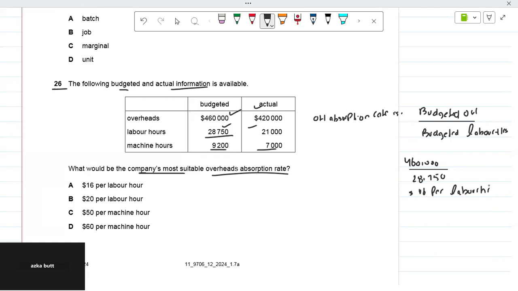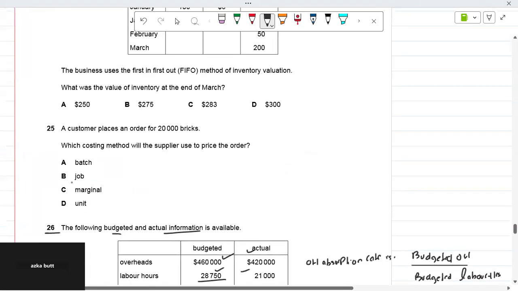So A option is the right option. Now let's see the next question.